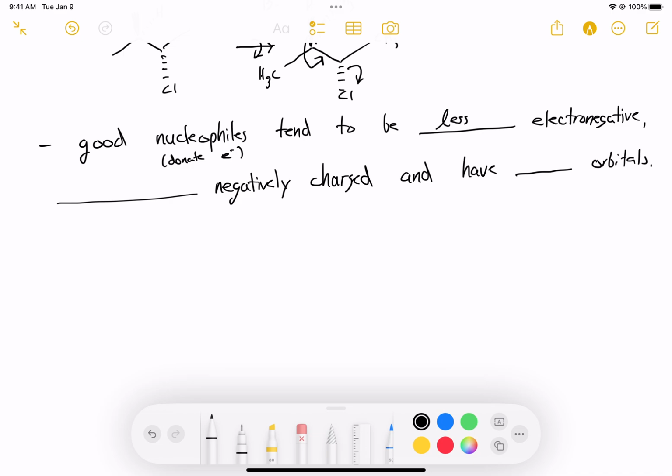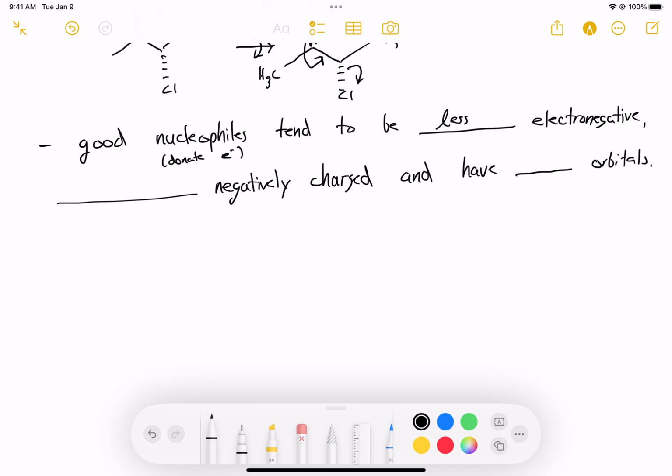It's not favorable if they're already pretty happy on the atom that they reside on. So usually that's why we see nitrogen's more nucleophilic than oxygen, and carbon's the best nucleophile if we can have a negative charge on carbon. Okay, so less electronegative.